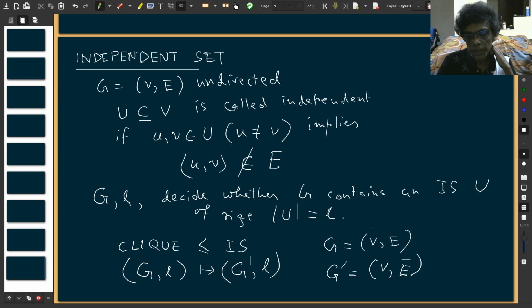So we have seen quite a few examples of NP-complete problems. In particular, we now have the following tree.